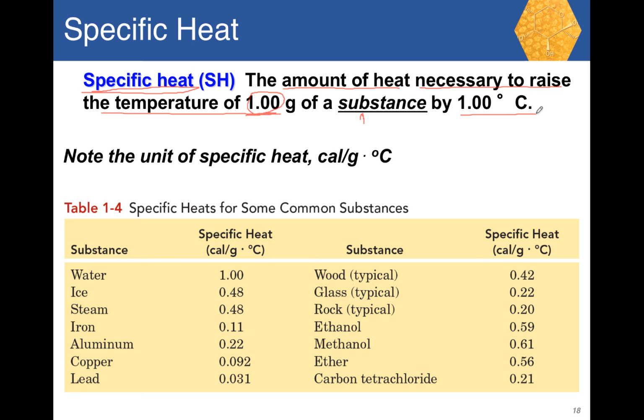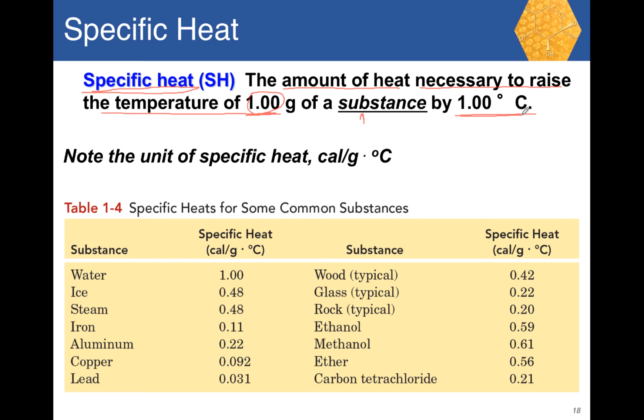Think that through again. Heat, unit of calories, the amount of calories necessary to raise the temperature of 1 gram of substance by 1 degree C. So you can imagine if you had 1 gram of water, the amount of heat required to raise its temperature by 1 degree C is the specific heat of water.